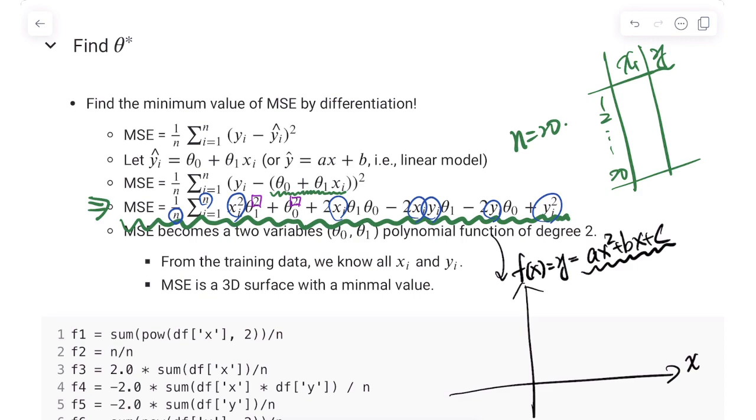And we know the shape of this line may look like this.